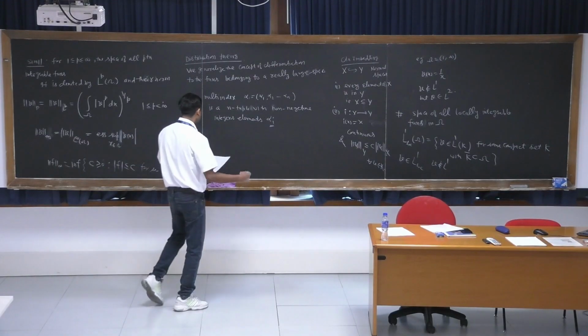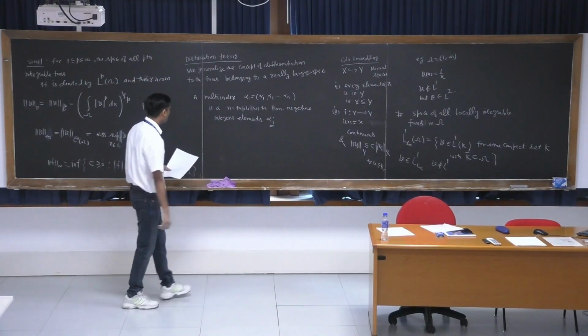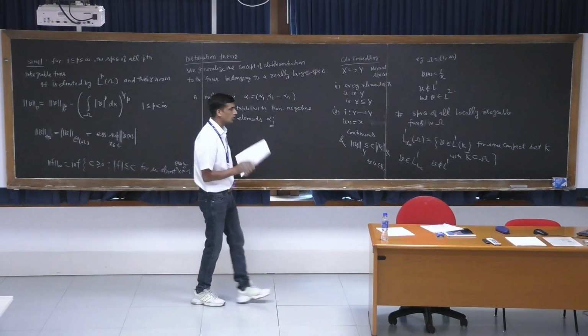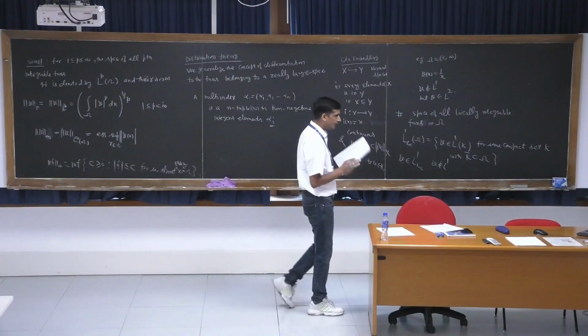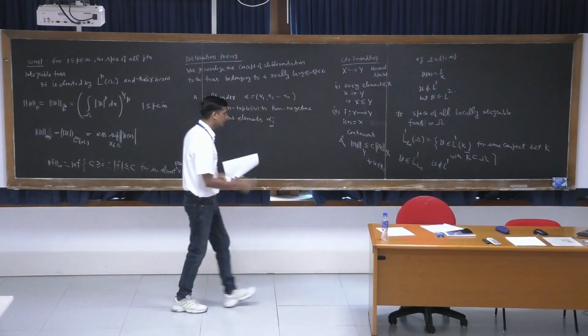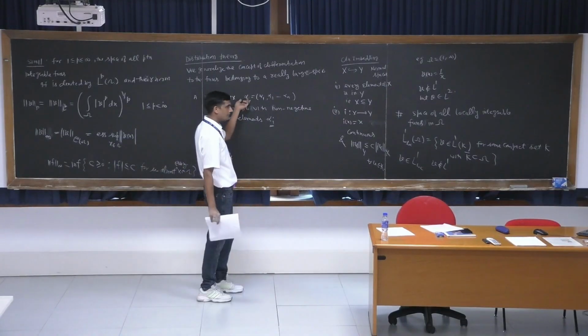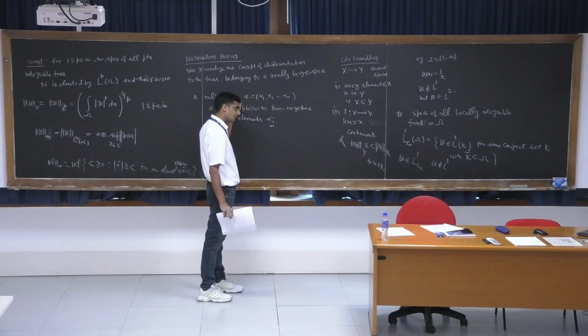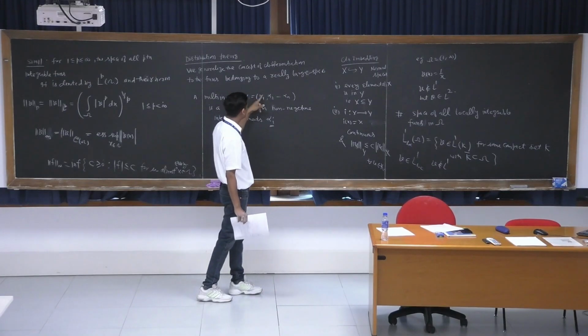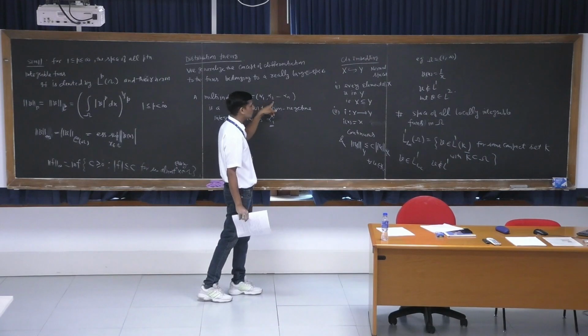Okay, so now if you have to define the order of a derivative in distribution theory, suppose I am saying the alpha order. What is the value of alpha? The order value will be the modulus of alpha, which is equal to alpha 1 plus alpha 2 plus alpha n.